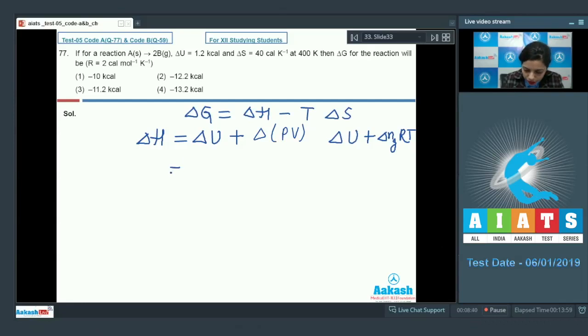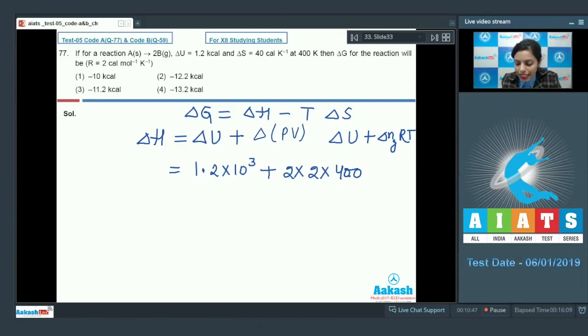Now, delta U value is given in the question, that is 1.2 kilocalorie per mole. It means we have to just change it into calories plus delta Ng value for this equation. A in the solid state is getting changed into 2B in the gaseous state. It means this delta Ng value is 2 into R value is 2 calorie per mole per Kelvin, that's given in question, and the temperature is 400.